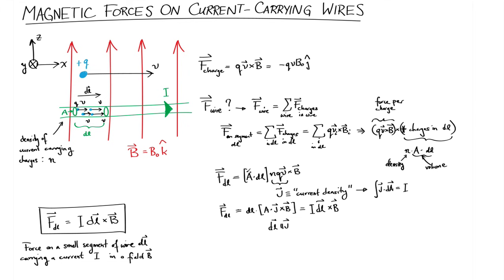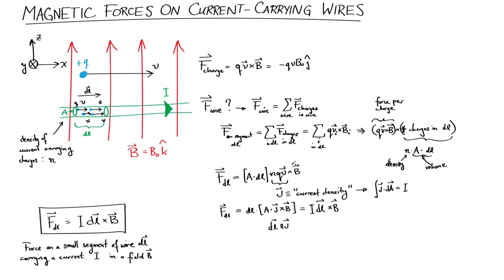That was multiplied by A, and we remember that J dot dA was I, the current. So there's a J and an A, which gives us an I. We still have to preserve the direction of the velocity, and we know the charges inside the wire move parallel to the wire. So as long as we know the direction of that little segment of wire, dl, then we know the velocity direction. So just I dl cross B, okay?